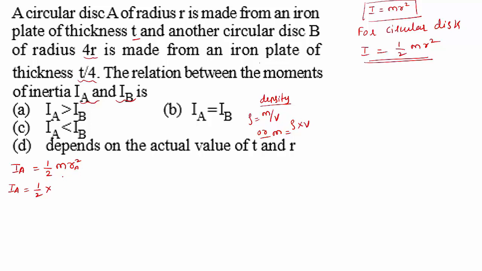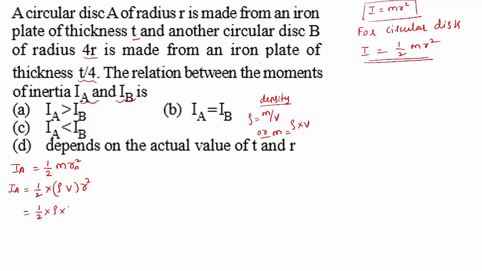So in place of mass, I am going to write rho into volume, and the remaining is radius. The radius of the first disc is given, that is r, so we can write r square.